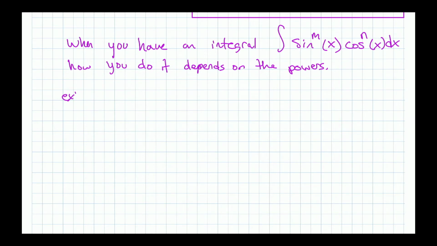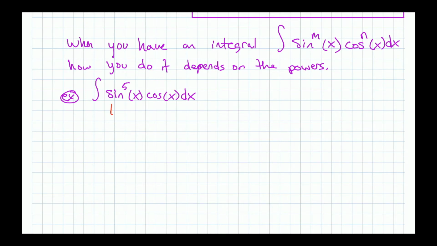So before we really get into what the rules are, I'm going to show you an integral that will be very quick to solve. So let's say I have sine to the fifth x, cosine x, dx. If you had this integral right here, what you would do is a simple U-Substitution.